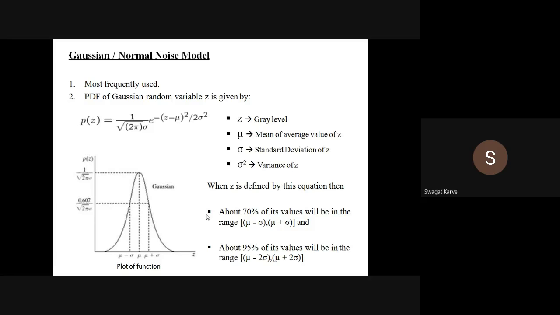This is the mathematical formula to calculate the probability density function of Gaussian noise, and by using this formula you can design the Gaussian noise model. So this is about the Gaussian noise.